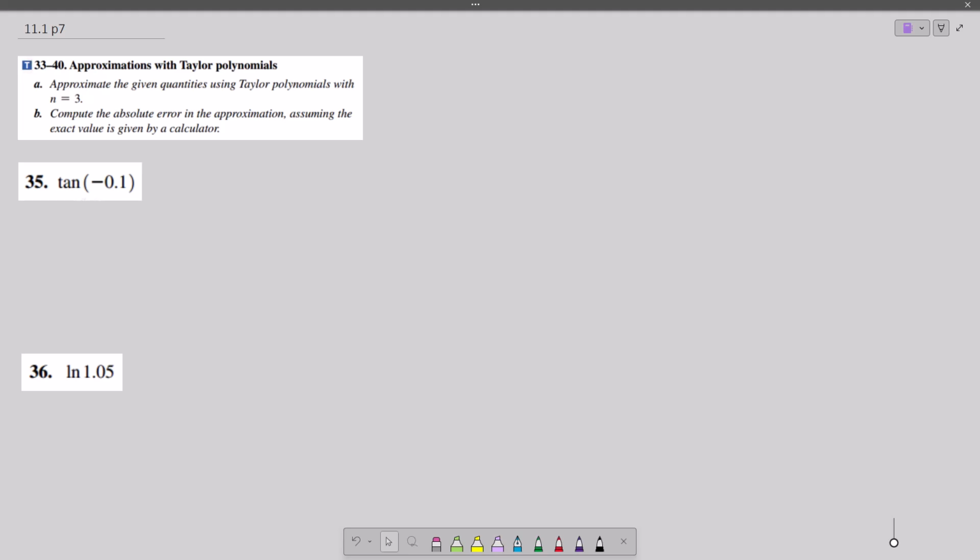Okay, so this says approximate the given quantities using a Taylor polynomial with n equals 3. So that's a 3rd order Taylor polynomial. So that means go down to the 3rd derivative. So let's do this one, and then I'll let you guys try the next one. So, once again, start with the function. The function that we have is tangent of x.